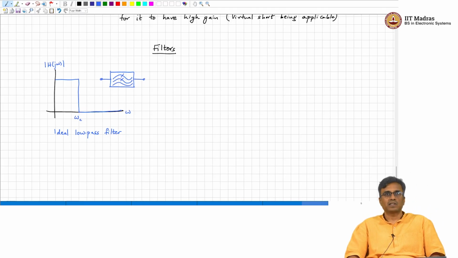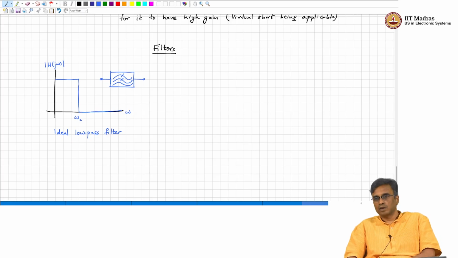It's basically saying that it is removing mid and high frequencies, and it's only letting the low frequencies get through.